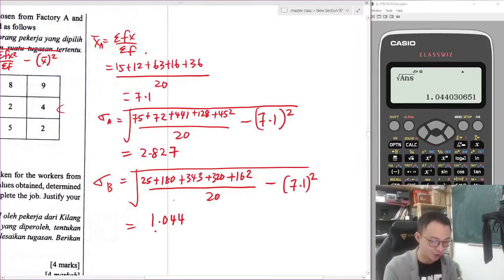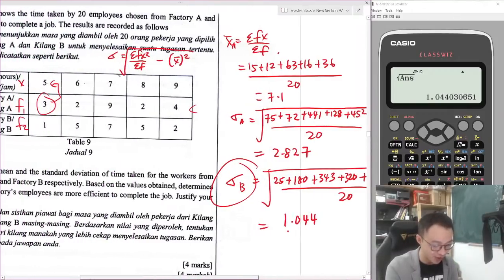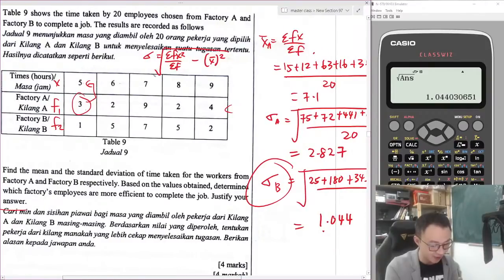Yeah, so I will choose B, because they ask you to choose, right? Determine which factory is more efficient.